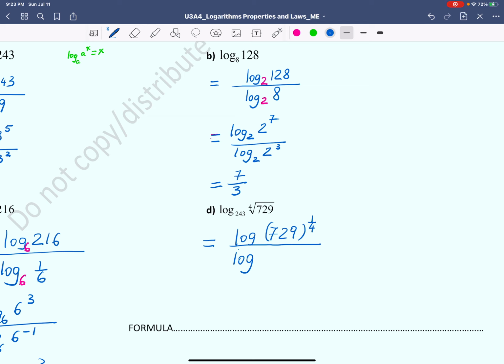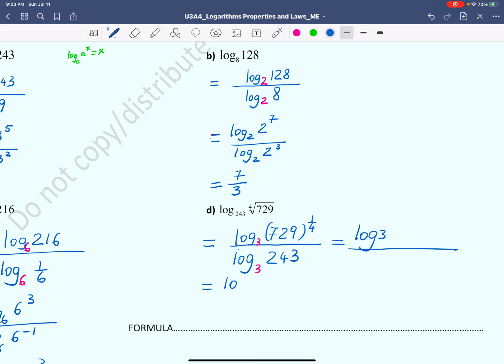The power will be 1/4, and 729 will be in the base. 243 reminds me of a base of 3. So I'm thinking of a base of 3 for both numerator and denominator. And here we go.